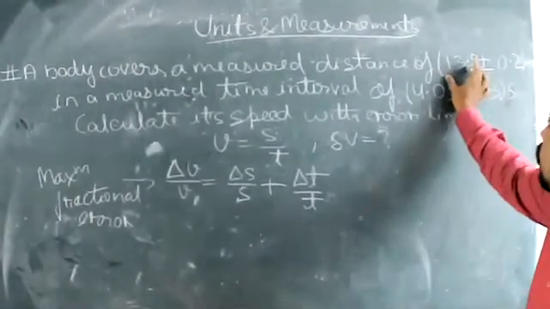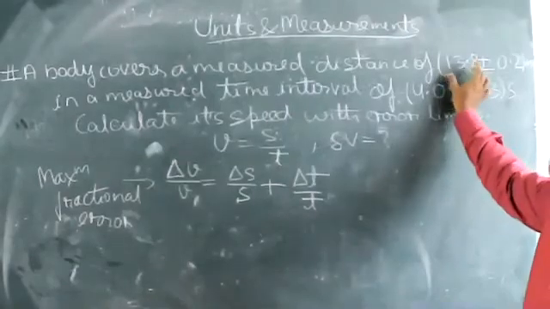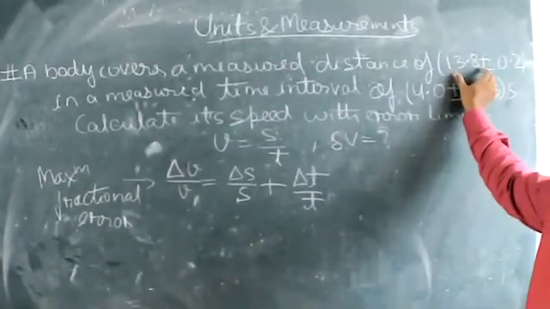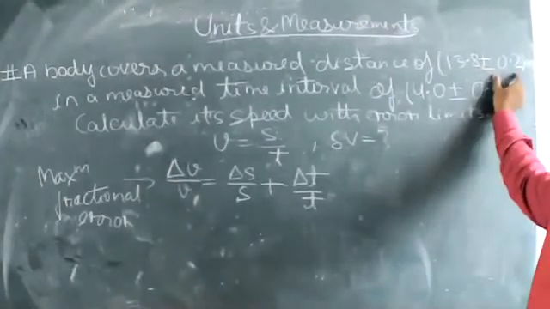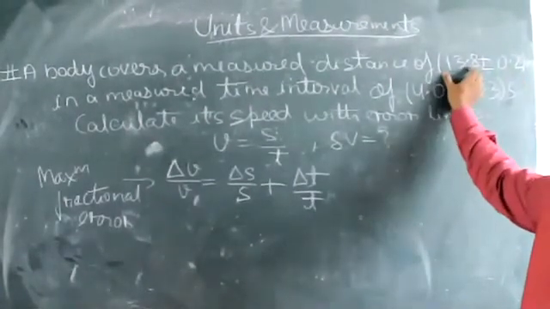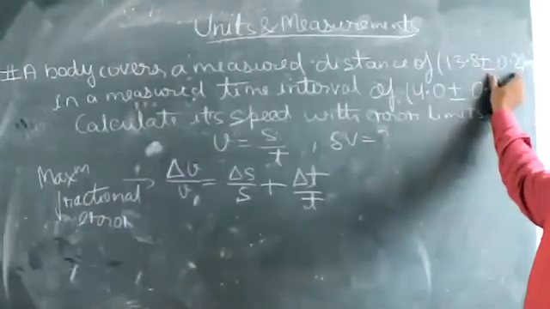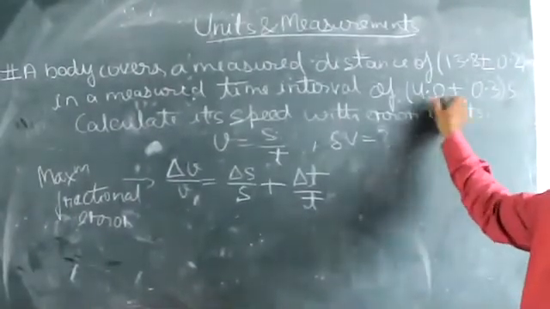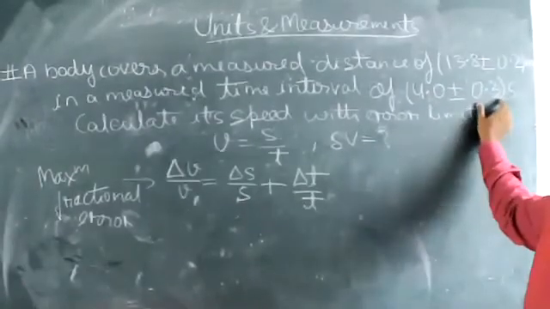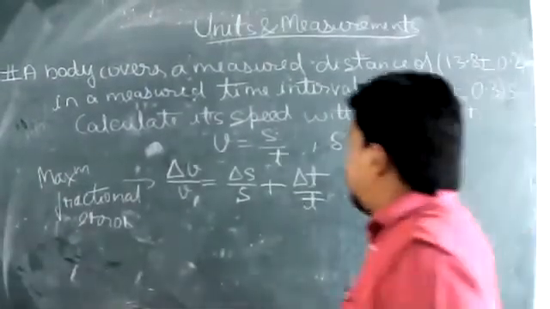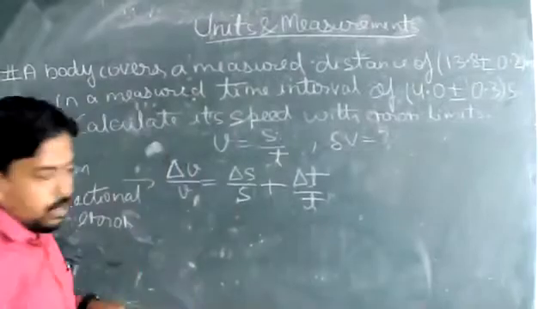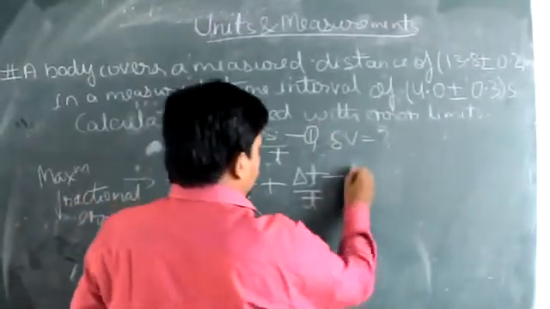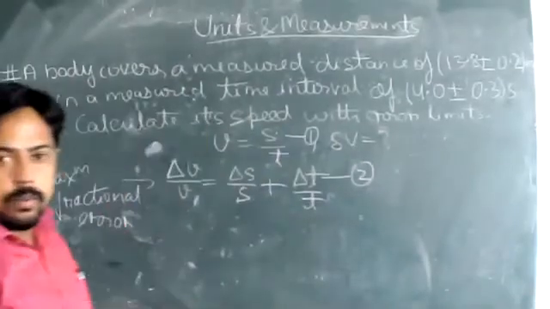As I told you earlier, according to this format, this shows the actual value of our observation, and this shows the error. Similarly for time, this will be the actual value and this will be the error corresponding to the time. So according to this formula of velocity, let's name this equation 1, and name this equation number 2.